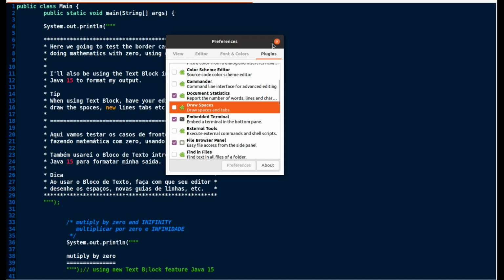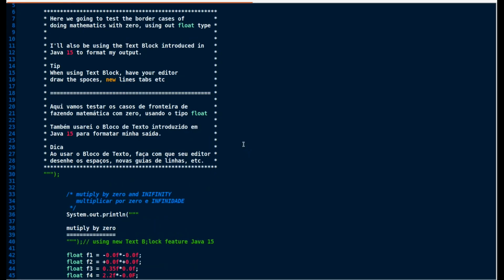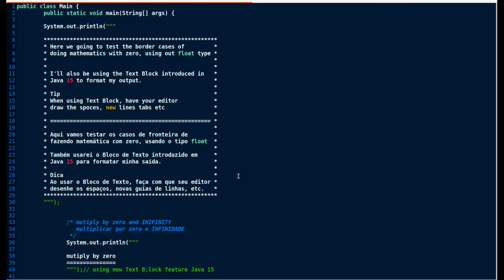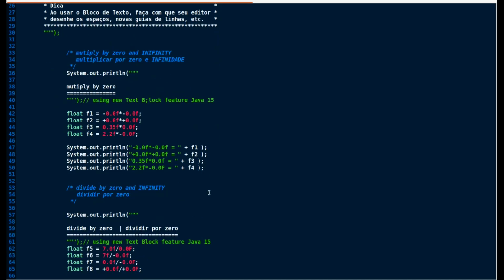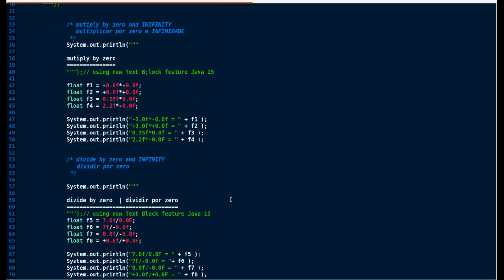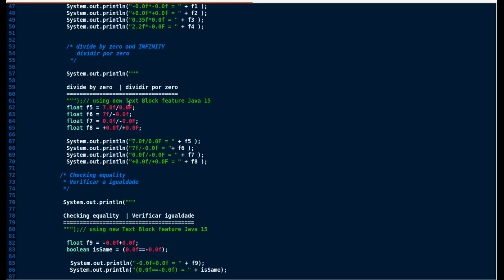Okay, so looking at working with zeros and using the float, we're going to look at multiplying by zero, and dividing by zero. I've got the floats there and I'm dividing, and the outputs.